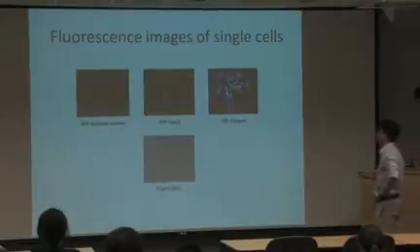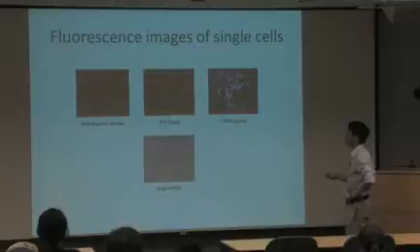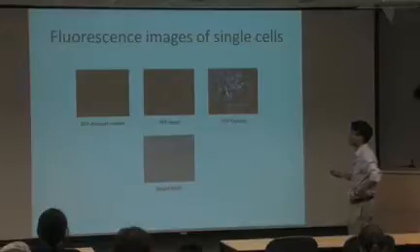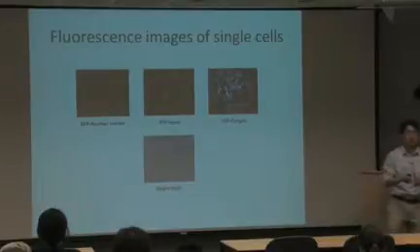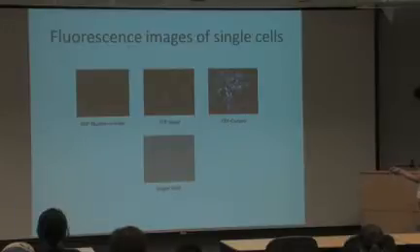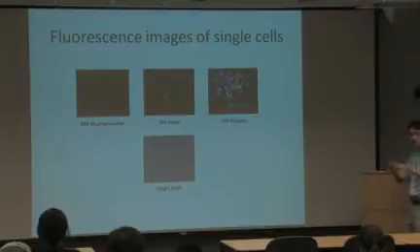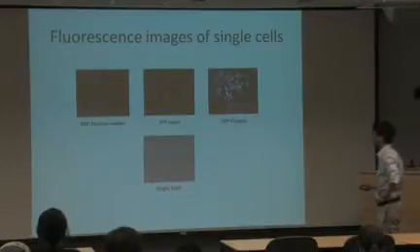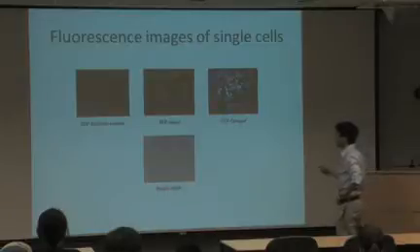These are typical images that we get from our experiment. We have another fluorescent protein that tells us where the nucleus is inside the cell. And using that nuclear marker, we can quantify fluorescence intensities coming from the nucleus. So this is YFP, which represents the transcription factor signal inside the nucleus, and this is CFP, which of course permeates throughout the cytoplasm.